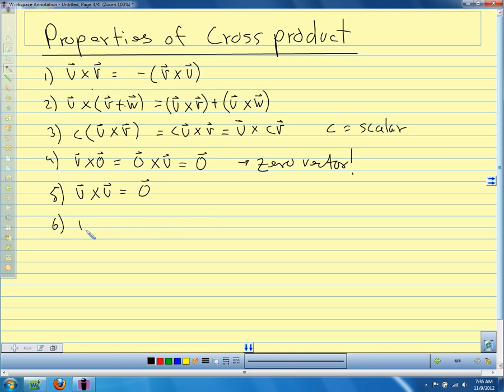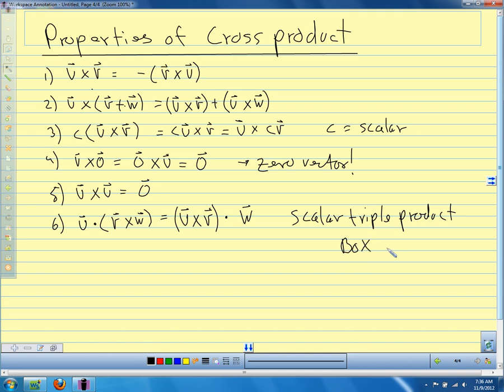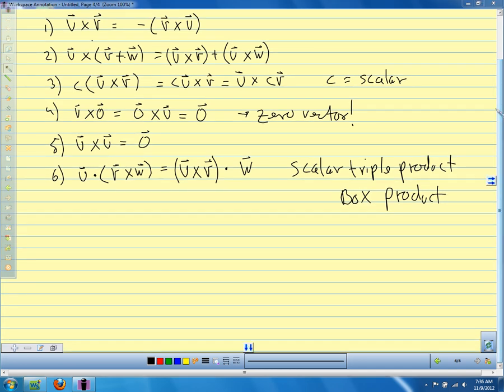And finally, U dot V cross W is U cross V dot W. And this is called the scalar triple product or the box product. So those are our algebraic properties.